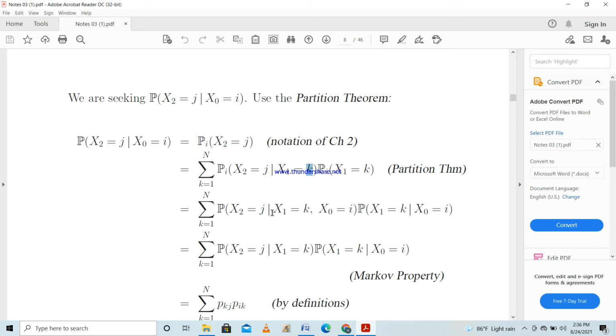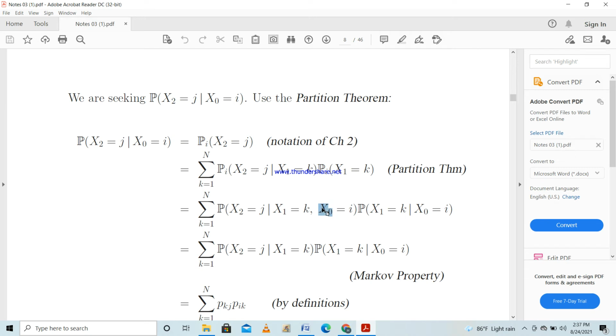Right? And in this case, we can rewrite the probability that x1 equals k. We already know we have denoted i, that is, at time equal to 0 we are at the ith state.